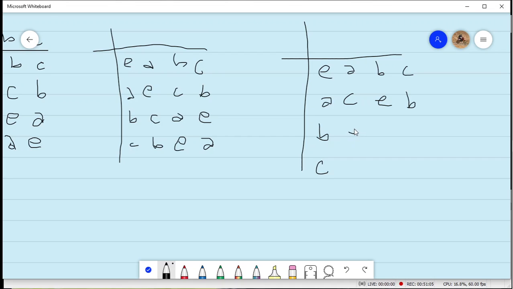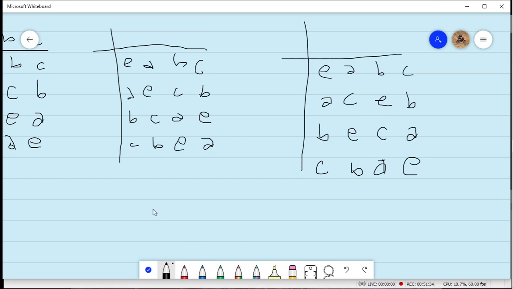So this should be E. Therefore, this should be B. So in this case, we cannot put C here. So C must be here. And A would be here. And next, this would be for A only. A. And this would be for E.